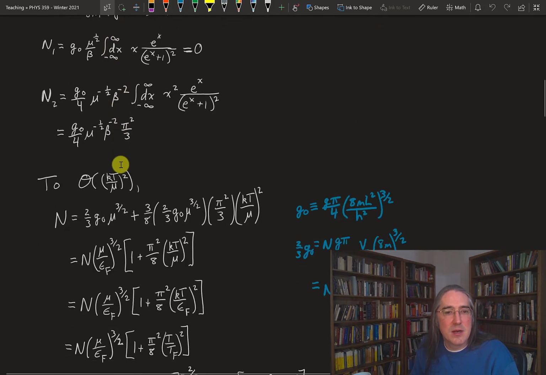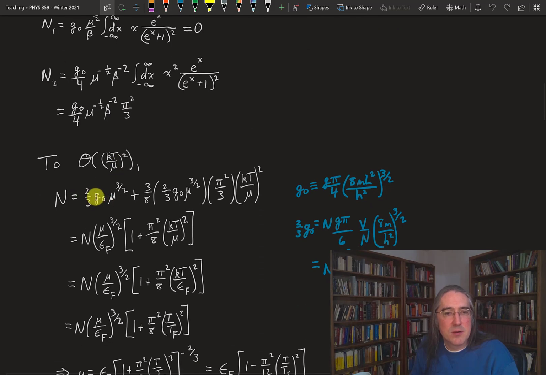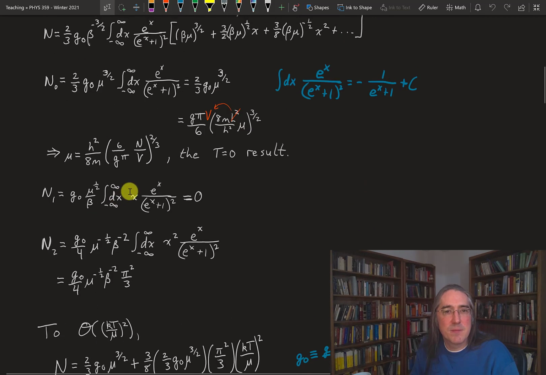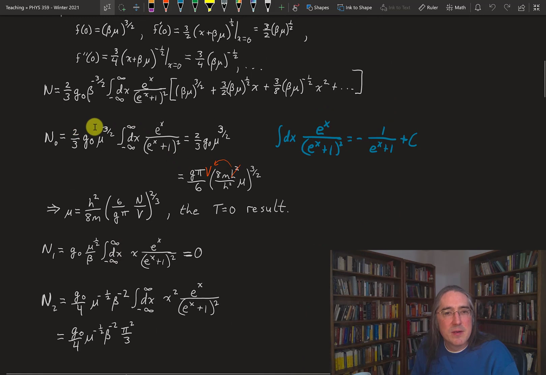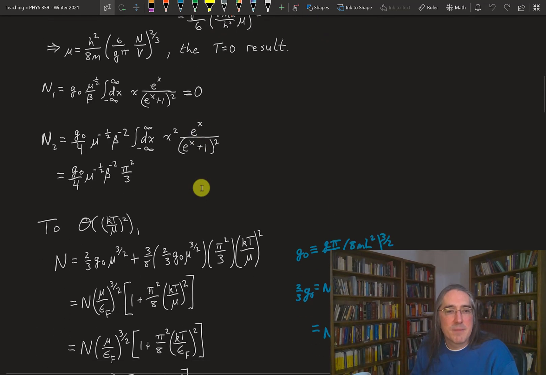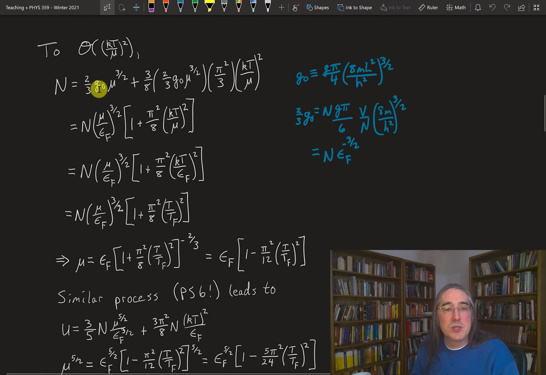This is the Fermi energy also to the 3/2. If we look back up here, before we solve for mu, the constants that go out front in the Fermi energy are to the 3/2. And in the Fermi energy, this stuff ends up inside of a to the 2/3. So 2/3 G naught is 1 over the Fermi energy to the 3/2.